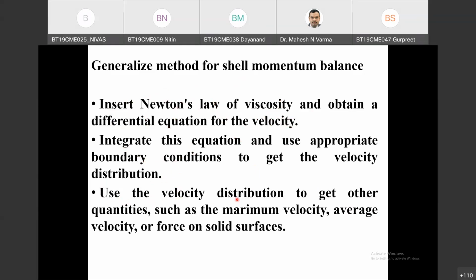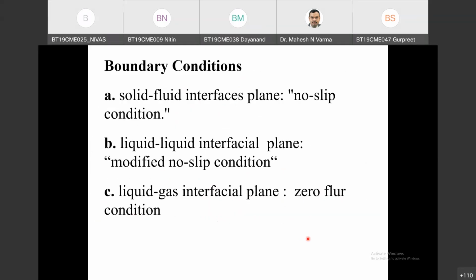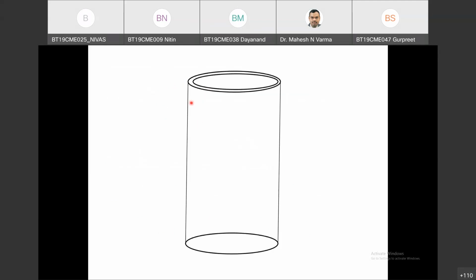So use the velocity distribution. Once I get the velocity distribution, I can get whatever I want: maximum velocity, average velocity, force, drag force on a solid, and so on. Here we have used one boundary condition, the solid-fluid boundary condition, and another a logical boundary condition.